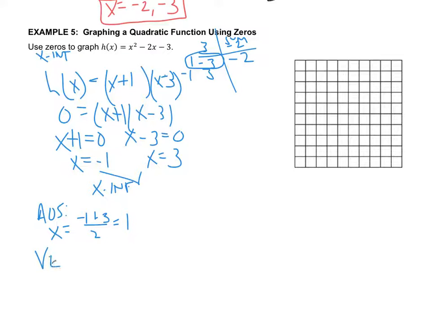The vertex, we also know that x is a 1. Now if I plug in 1 back up here into my function, 1 squared is 1, 2 times 1 is 2, 1 minus 2 is negative 1, minus 3 is negative 4. So there is the vertex. And then I just need to go and make my graph.